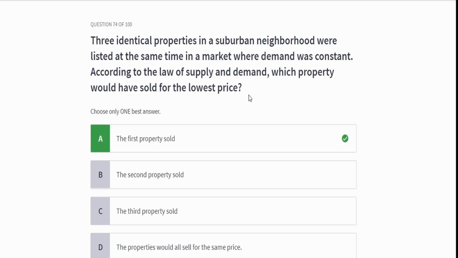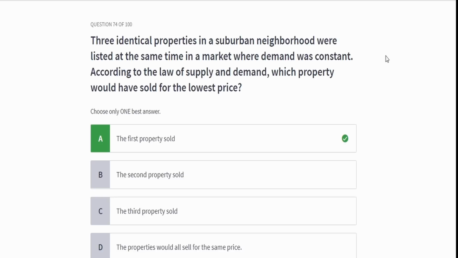So if you look at this problem, it says 3 identical properties. So obviously it's a hypothetical question. This actual instance probably wouldn't happen, but the reason that they ask these types of questions is so that you understand supply and demand and how it affects the market. So anyways, 3 identical properties in a suburban neighborhood were listed at the same time. And this important takeaway, it says a market where demand is constant.